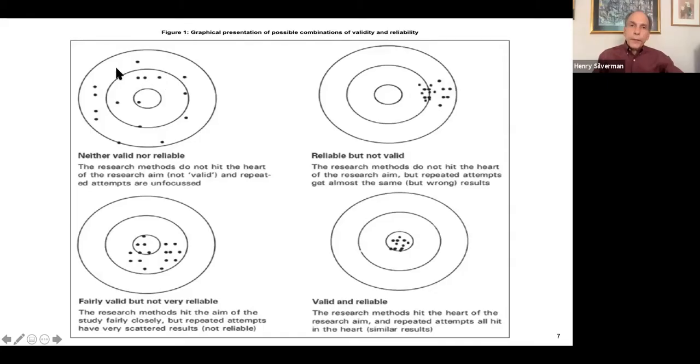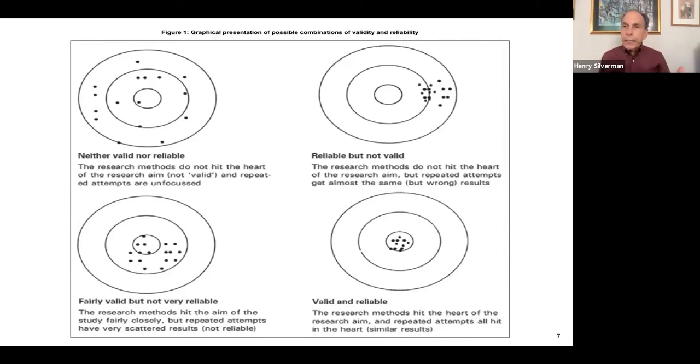So the first diagram on the top left shows that you don't have validity or reliability because you're not hitting the target, and repeated attempts are inconsistent. These diagrams try to bring out the concepts of validity and reliability.